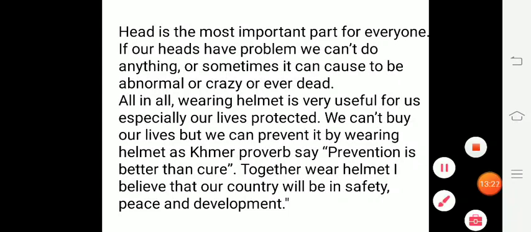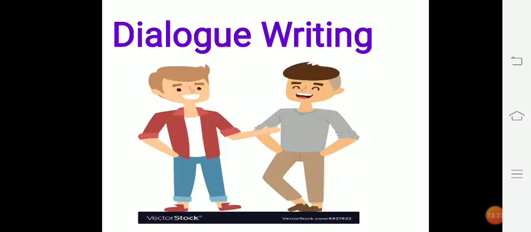now one more writing skill we are going to talk about, and that is dialogue writing. Dialogue writing is a new skill which we have in 12th standard, but obviously we are all familiar with this writing skill because we have done this throughout our education.